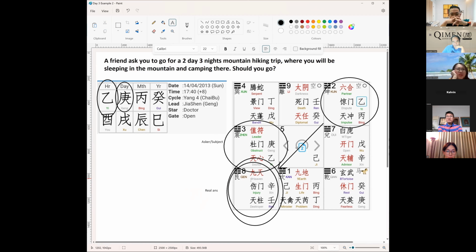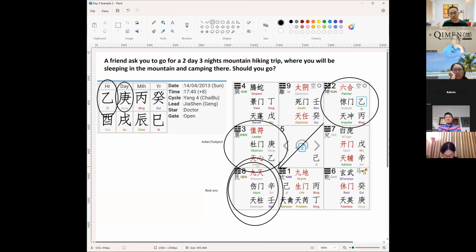Here is the 9 heaven, injury, destroyer. Every one of them represents a certain meaning. If I were to go on this particular 2-day, 3-night trip, what will happen? Box 8 will happen.